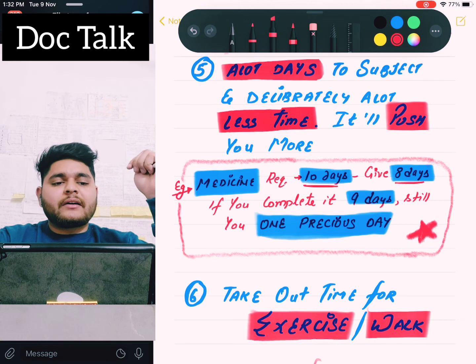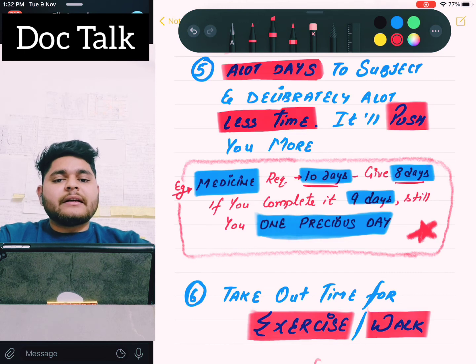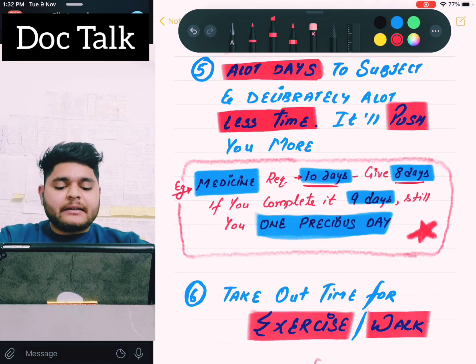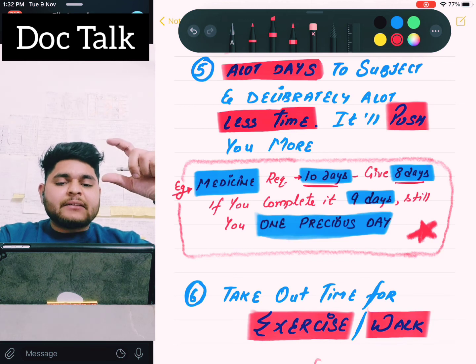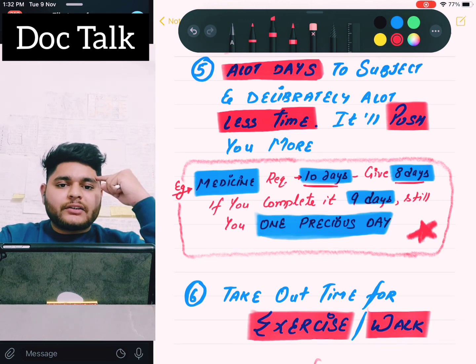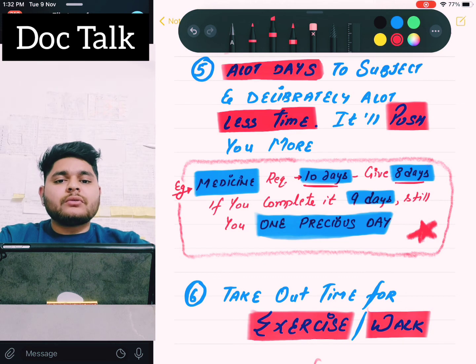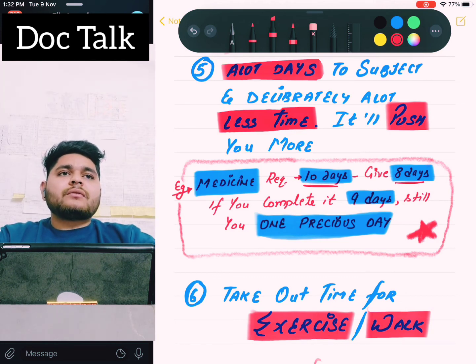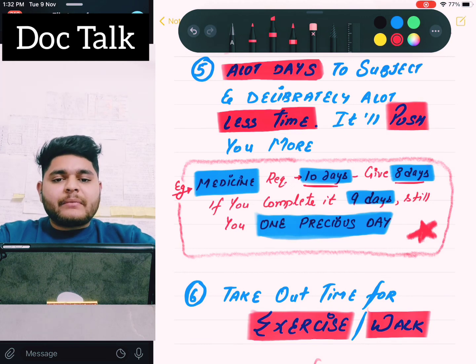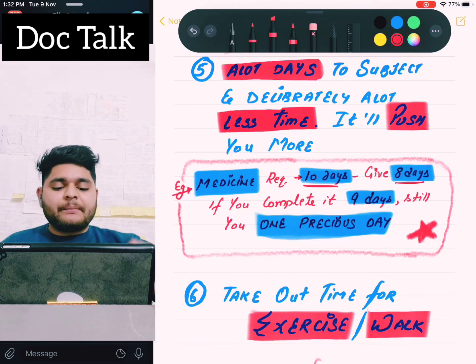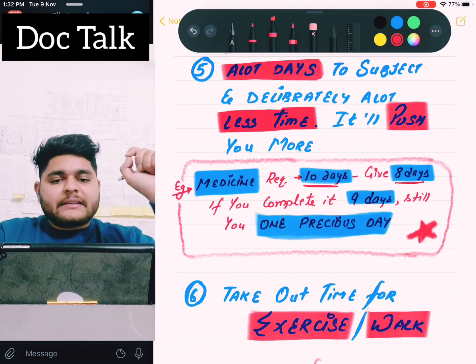But as soon as I came home, there were no such grounds nearby, so I had to skip that. So I think you should do some exercise or walk every day. It will freshen your mind. It's all upon you. Very few people do it because all of us think that it's a waste of time, but it's not. This is my last tip. Take out time for exercise and walk.